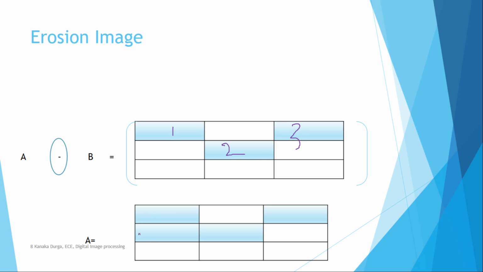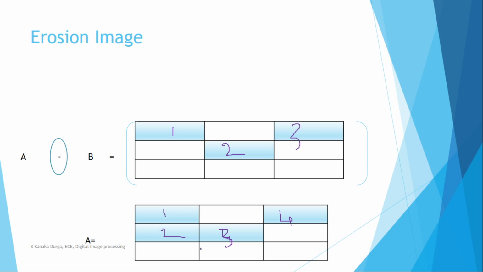The original image of A has object cells 1, 2, 3 and 4, so the original has 4 pixel values, but in the erosion one value has been decreased.